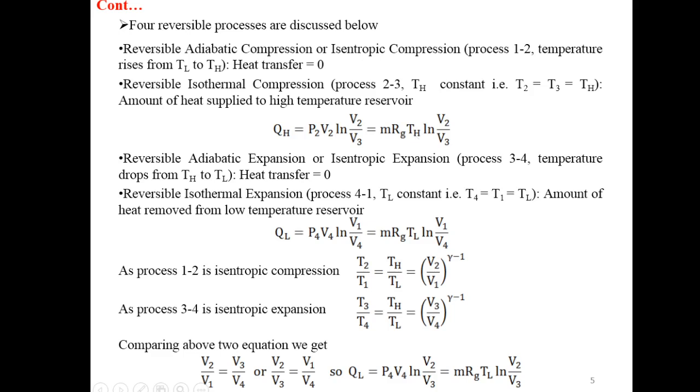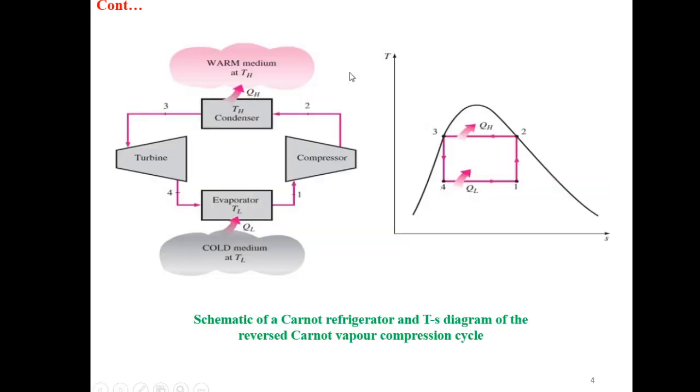Reversible adiabatic expansion or isentropic expansion, process 3-4. Temperature drops from TH to TL. You can see the refrigerant at point 3 enters the turbine where expansion takes place, and this expansion process is isentropic expansion. You can see in the TS diagram, from 3 to 4 there is a temperature drop from TH, because TH equal to T2 equal to T3, to TL, and TL equal to T1 equal to T4.